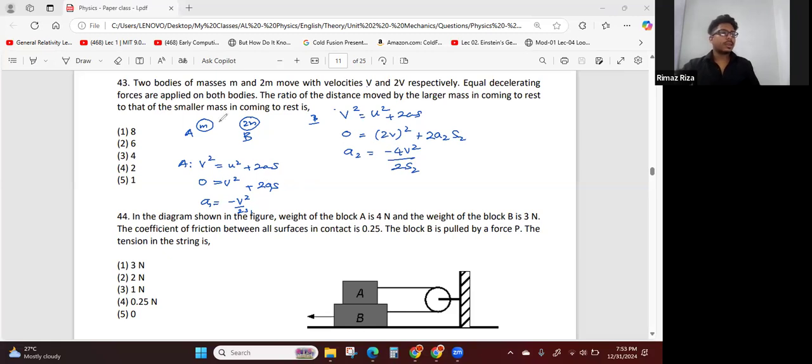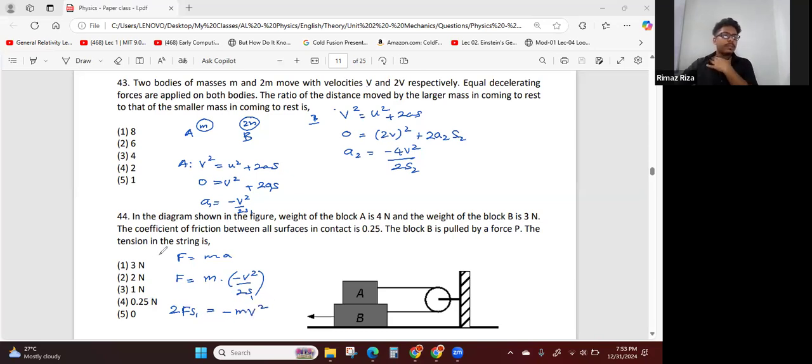The next thing, I can apply F equals ma for both particles A and B. First again I consider A. Using F equals ma, the mass is m times the acceleration, which is minus v squared over 2s1. Then, multiplying the denominator to the other side, 2Fs1 equals minus mv squared.